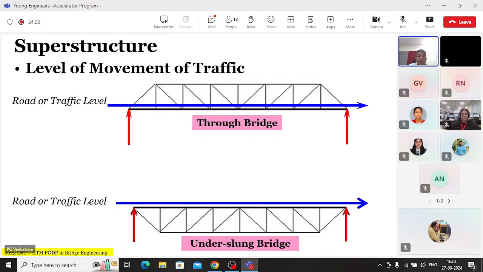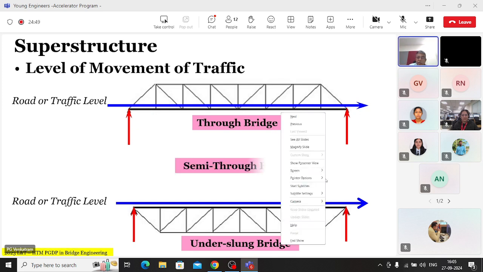We saw one structural efficiency, we discussed a lot. Then why was how truss invented? Not discovered, that is wrong, invented. Now we were discussing how the trusses can be arranged, underslung versus through bridge, and we can also have what is called a semi-through truss.